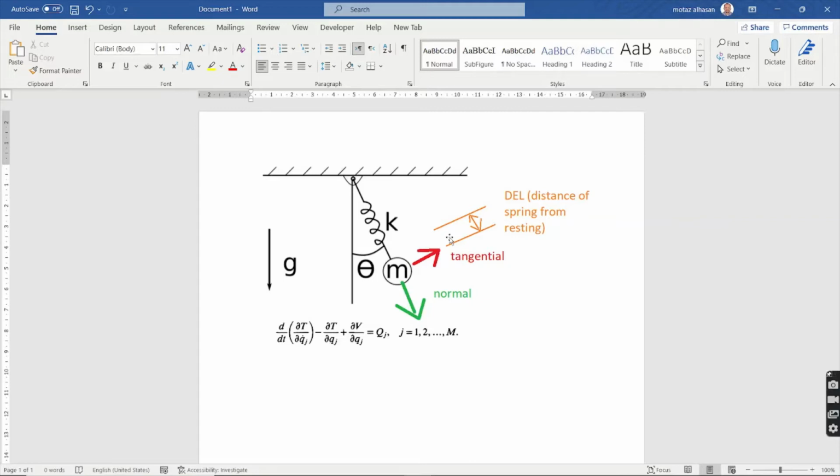And in the tangential, we just use r omega, which is the radius of this arm, times omega. Omega is the time derivative of theta. So with respect to the variables we have here, it's going to be L plus del times theta dot.